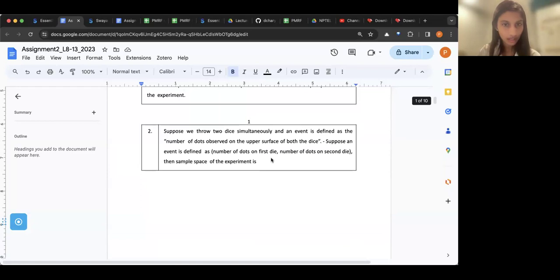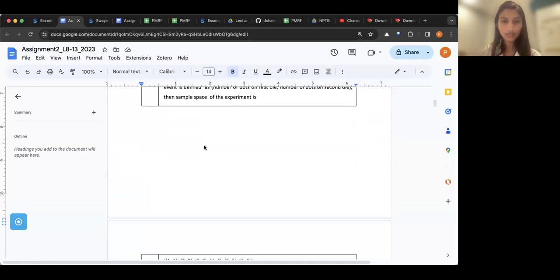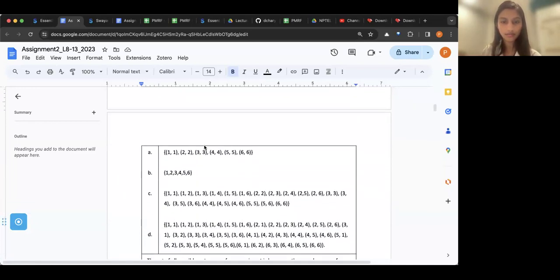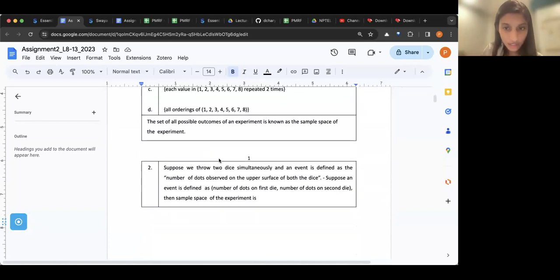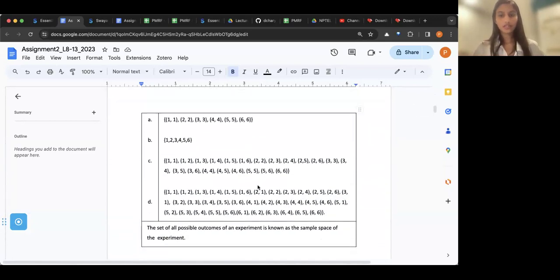The next question is, suppose we throw two dice simultaneously, and an event is defined as the number of dots observed on the upper surface of both dice. Now your sample space would have 36 elements.